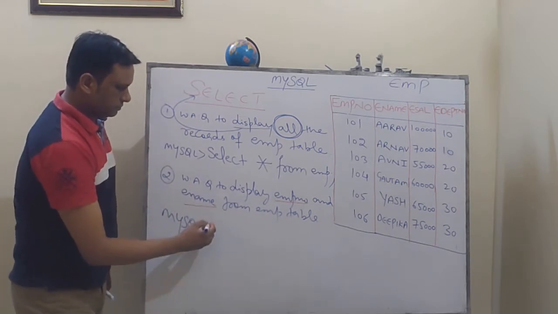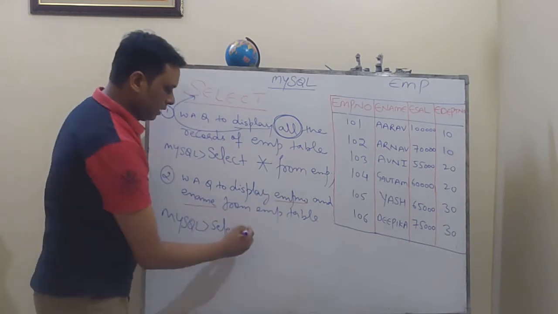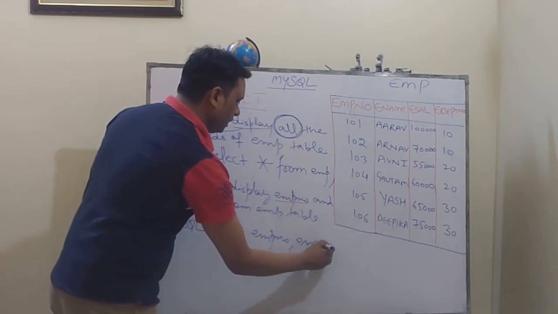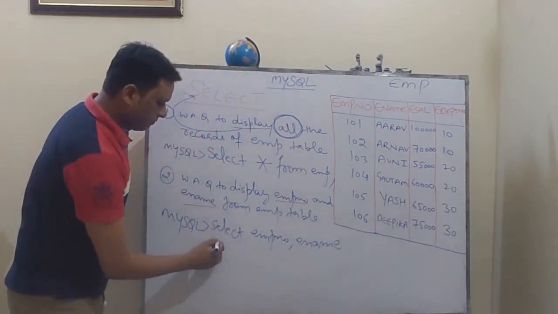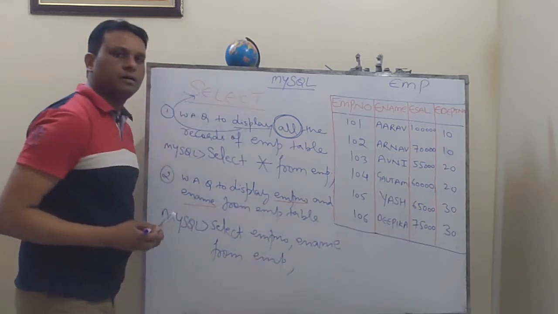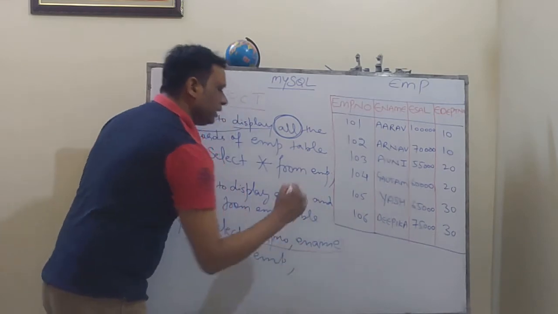MySQL: select EMP number, comma, ename from EMP. Just notice all of you here, EMP number and ename.